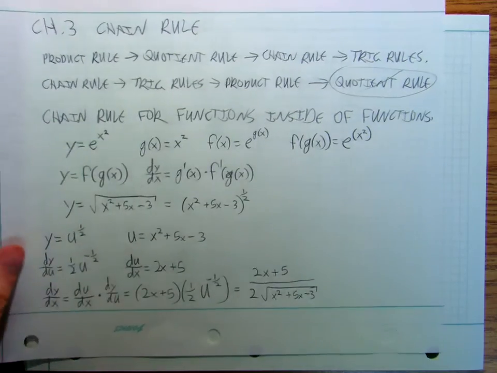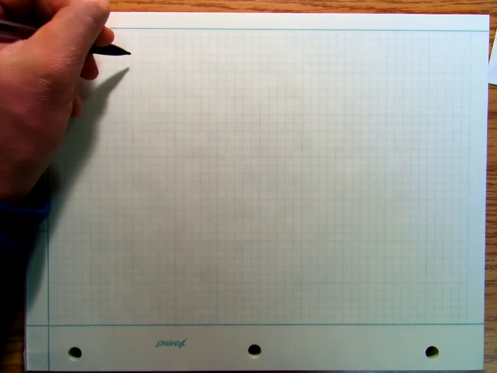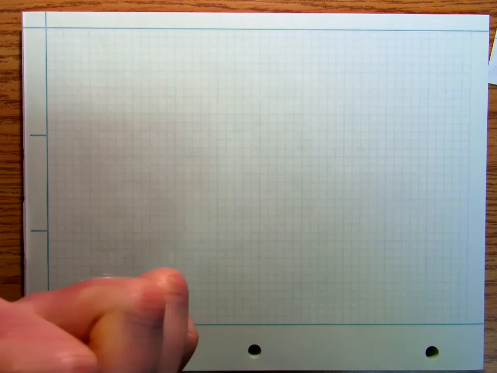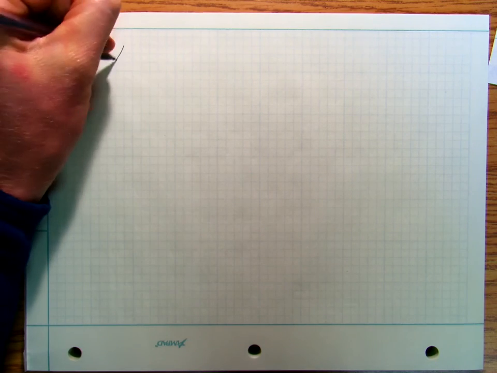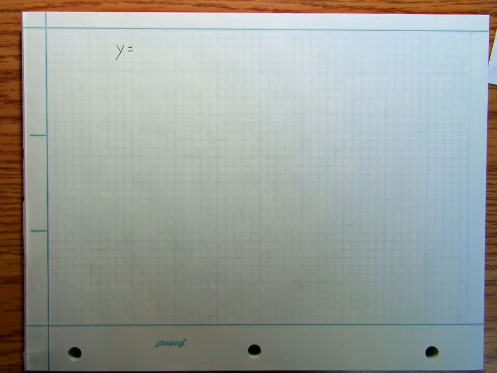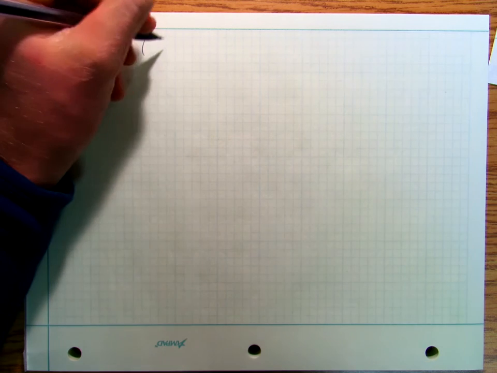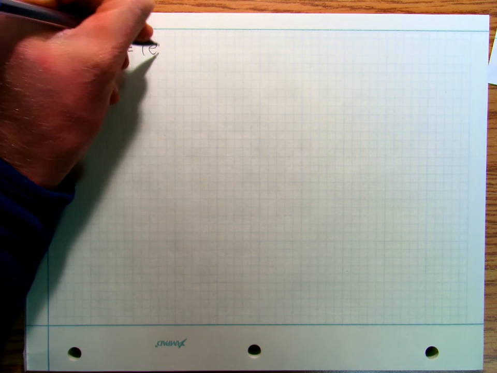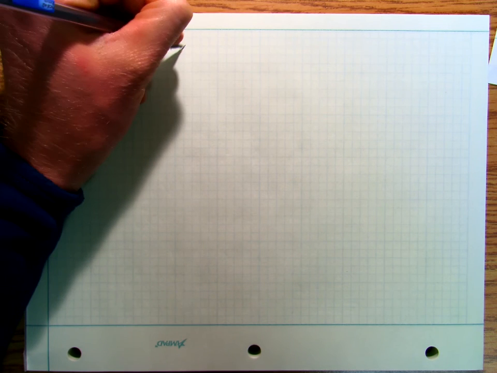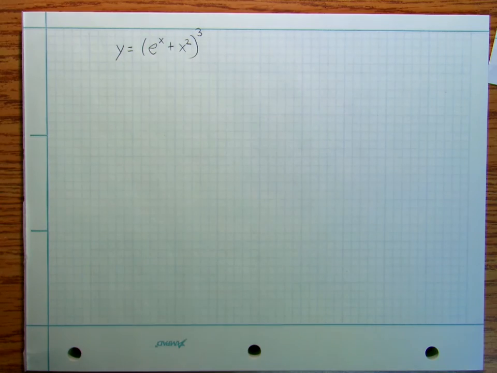Then let's do just one more example of that, and then we'll call it good, and we'll move on to trig derivatives. Okay. So y equals e to the x plus x squared, cubed.